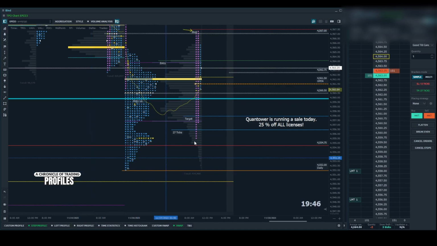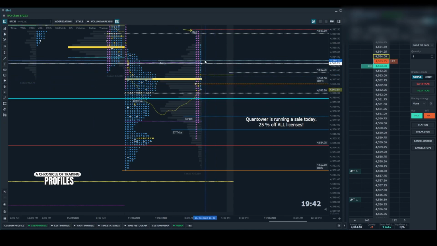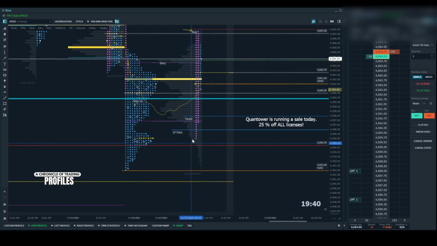Looks like they did buy this open right here, but ultimately, what we're doing is ranging back and forth.